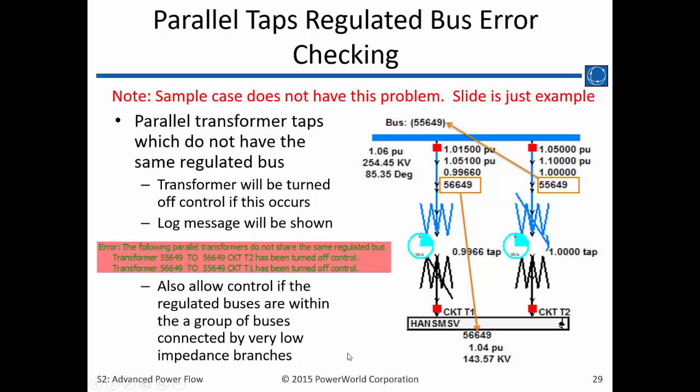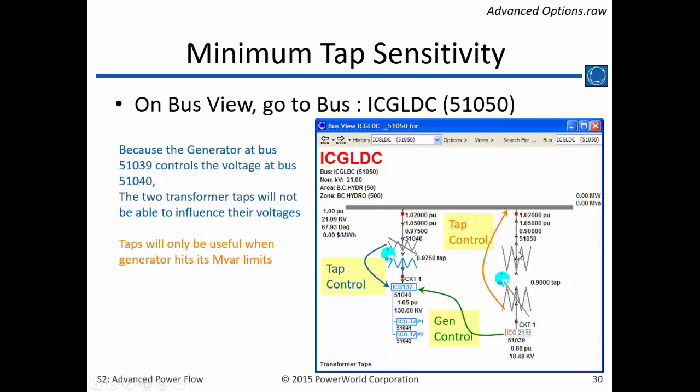What that means is if there was another branch here that was low impedance connecting these, then we would allow that control, because in theory these two buses should have the same voltage. So that would be all right, but typically that doesn't happen, and if we find this situation, we just turn off the control for these two transformers.